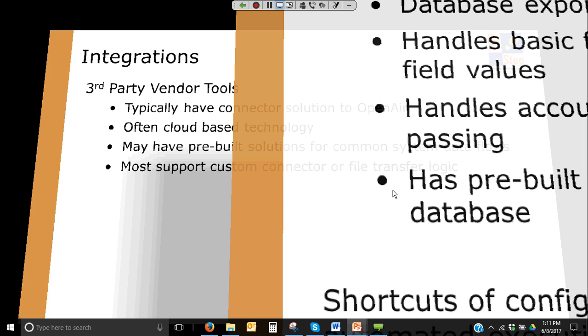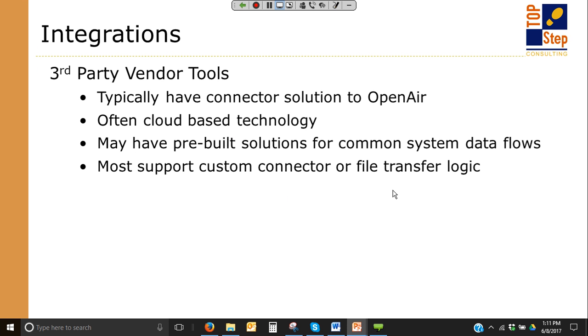The third-party vendors out there typically have a connector solution or an official connector to OpenAir. When you talk with them, definitely ask them about how they've implemented that solution and how you can get a copy of that solution to use it. They're mostly a subscription-based offering at this point in time, so you're paying for another licensing of another system essentially to use their tool.